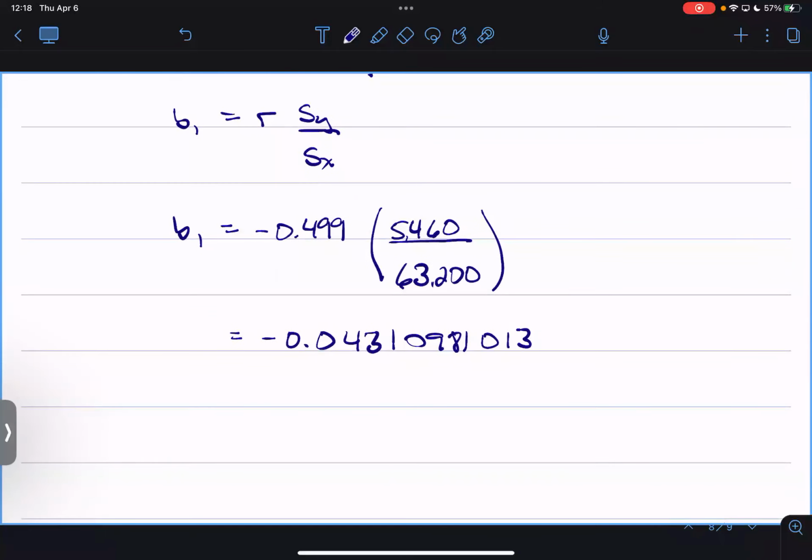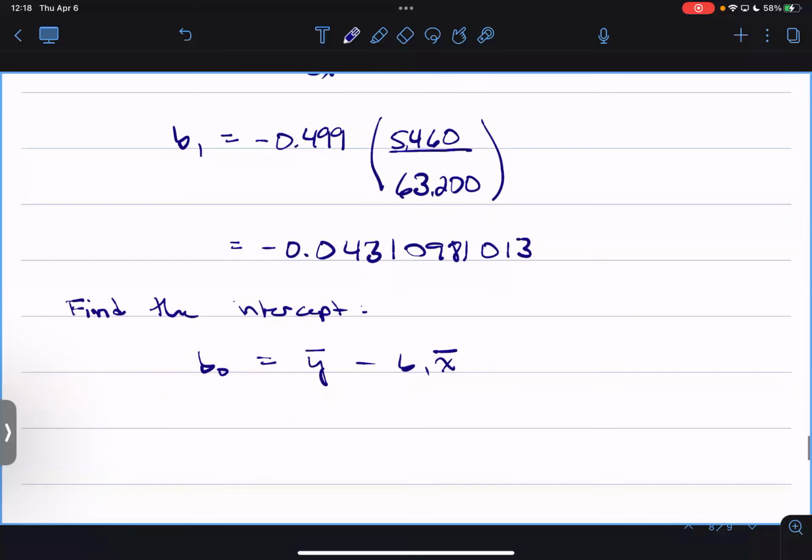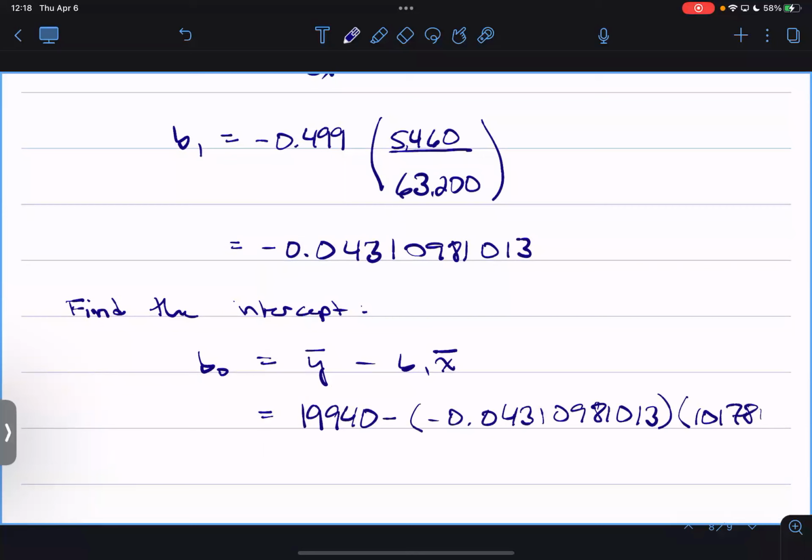Now we can use that to find the intercept. The intercept is Y bar minus the slope times X bar. We're given Y bar is 19,940 minus negative 0.043109811013 times 101,780, I want to say.